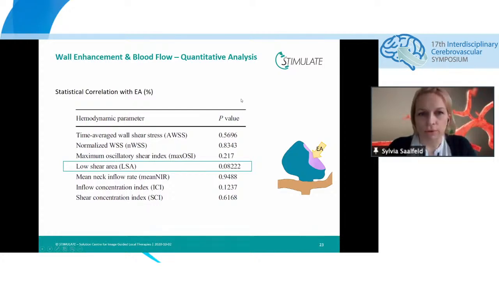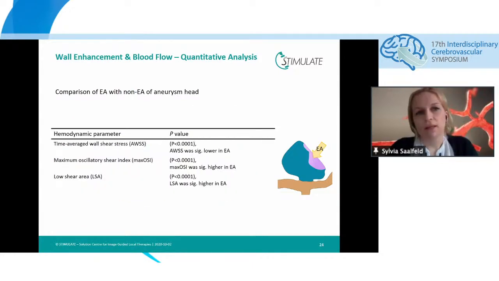And we also had a closer look at these statistical correlations. Therefore, we compared the enhanced areas with the non-enhanced areas of the aneurysm head, and again we made a statistical test with our hemodynamic parameters.